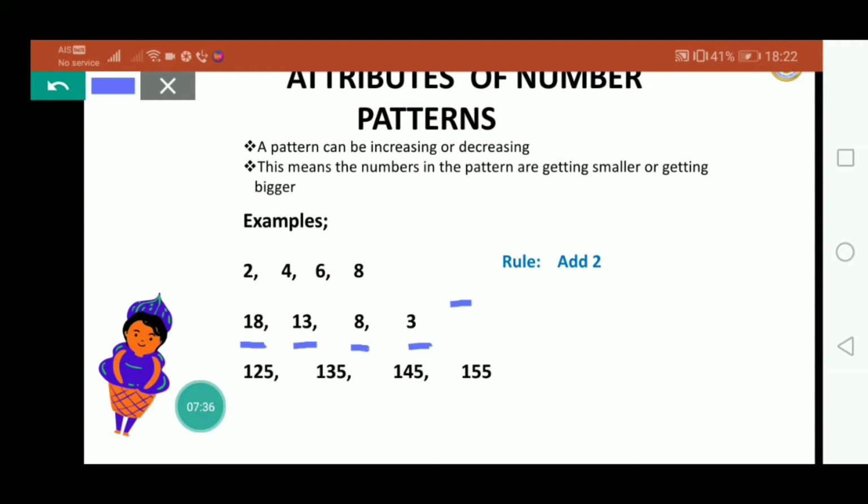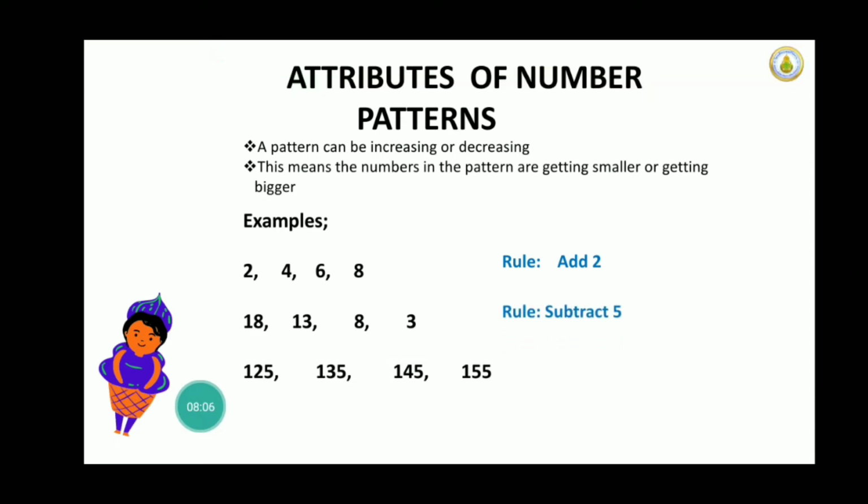Good. So here we subtract 5. So 18 minus 5 is equal to 13. And 13 minus 5 is equal to 8. And 8 minus 5 is equal to 3. And so what will be the rule here? Yes, the rule here is subtract 5 or minus 5.